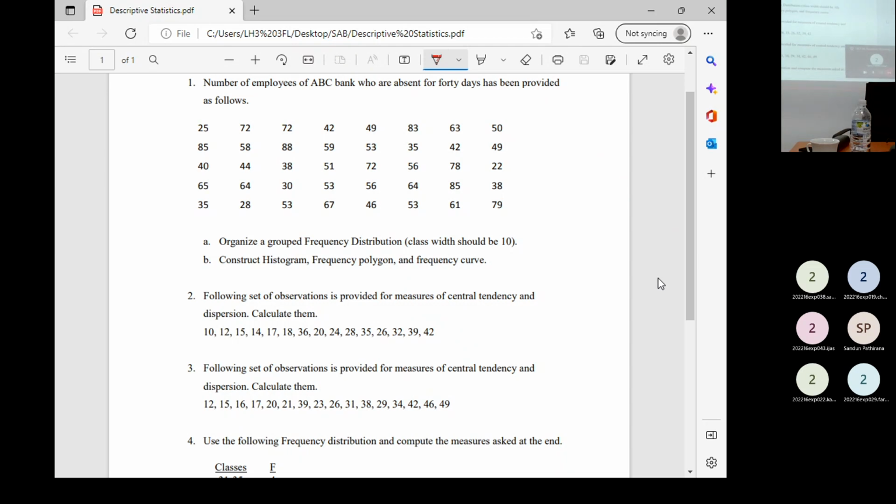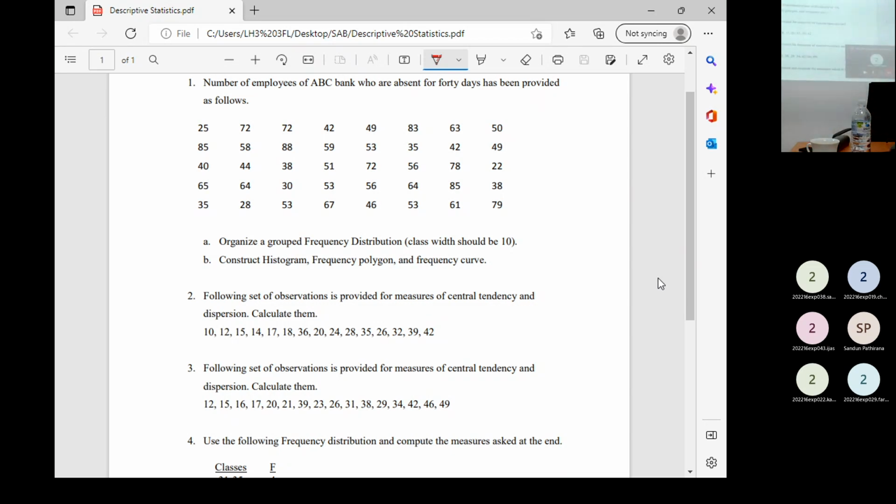Second one, frequency distribution. First one, array. Second one, frequency distributions.